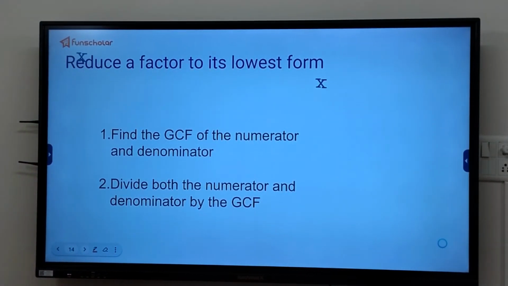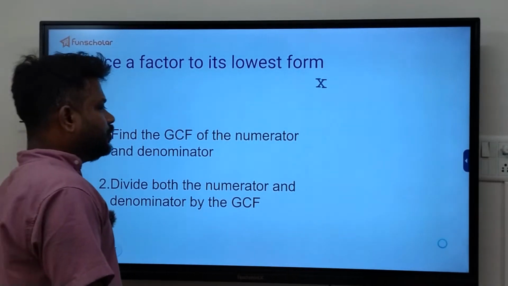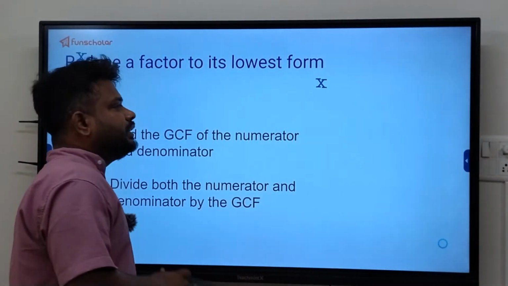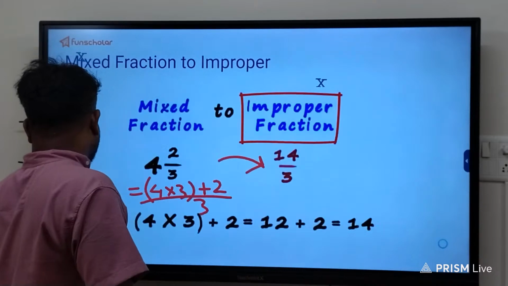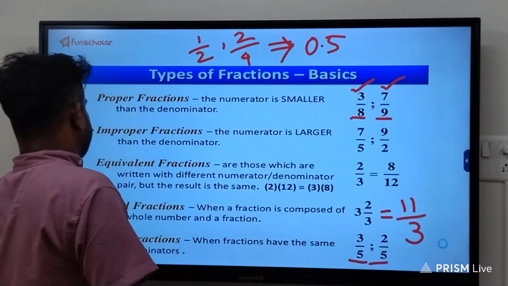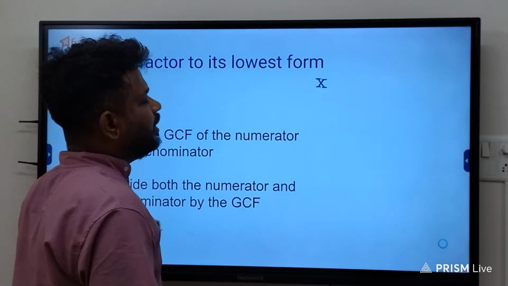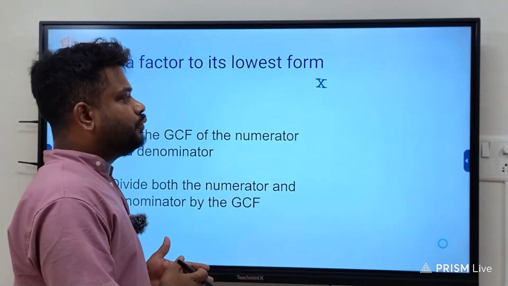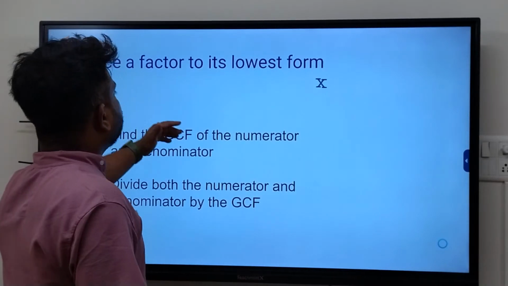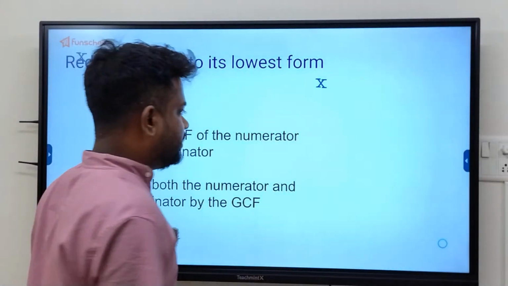Reduce a fraction to its lowest form. I have told you about equivalent fractions, or equal fractions. So we can use cancellation to reduce fractions to their lowest form.